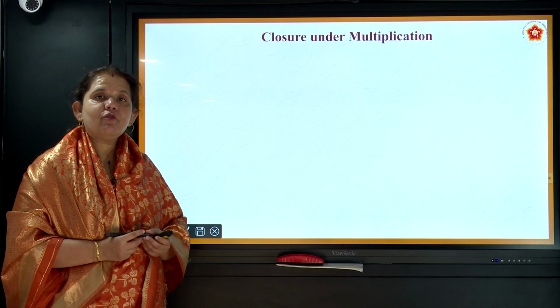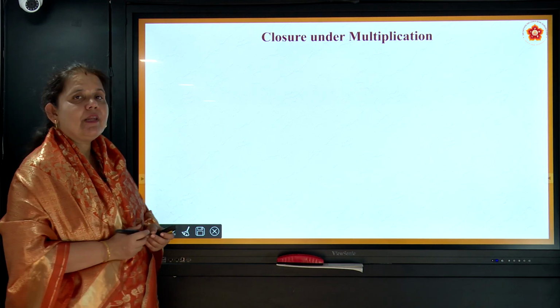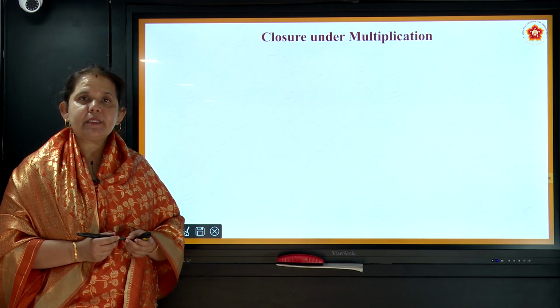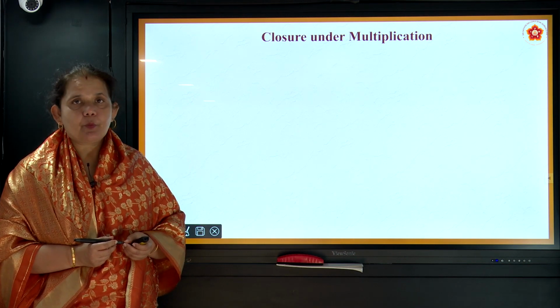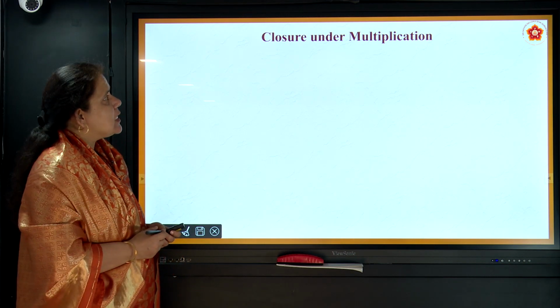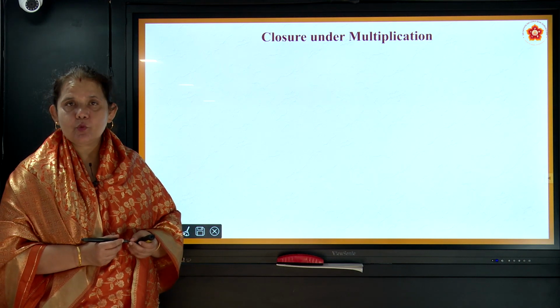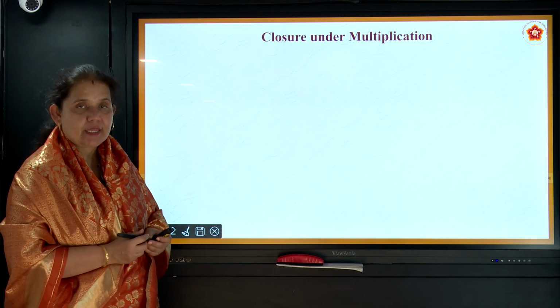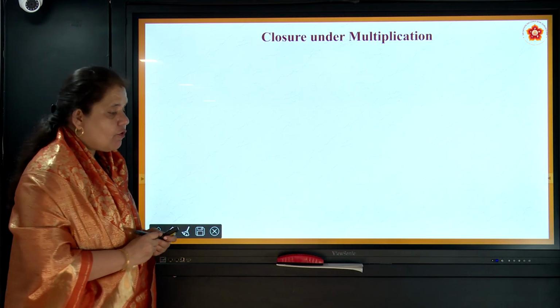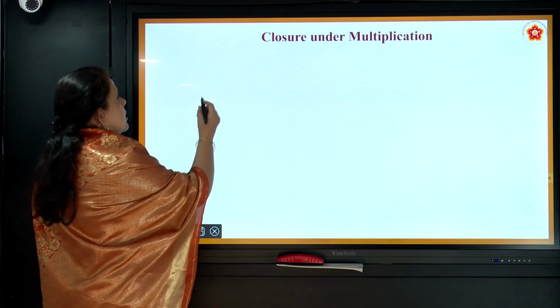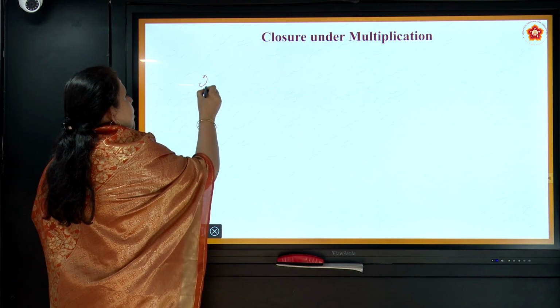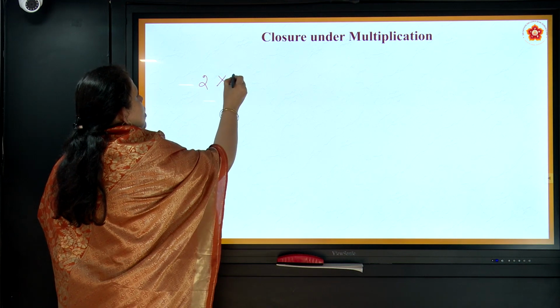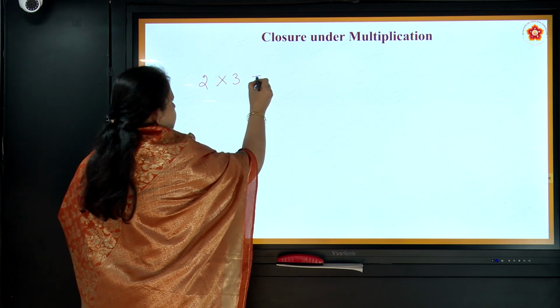When we are talking of multiplication, one very important concept that comes is the closure property. You need to understand the meaning of this word, closure, in mathematics. For example, let's take some questions. What is 2 multiplied by 3?